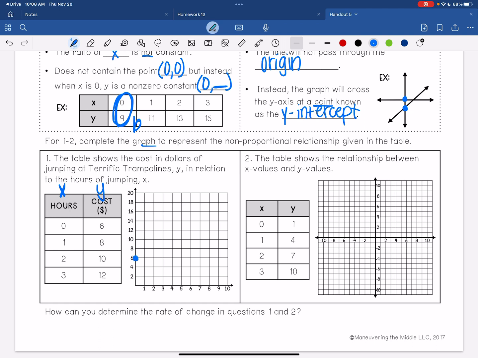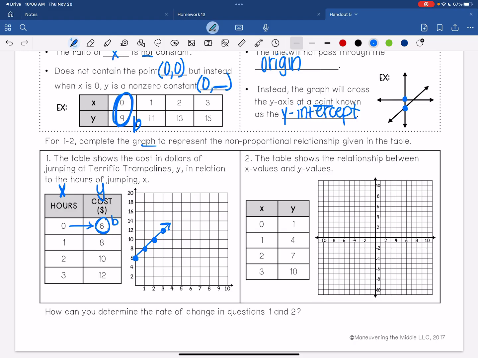Notice, since this is a 0, we know the number next to it is going to be our b. So if I were to write my equation, I would have a 6 at the end of my equation for b. So we start at 0, 6, and we go over to 1, 8, 2, 10, and 3, 12, and connect the dots.